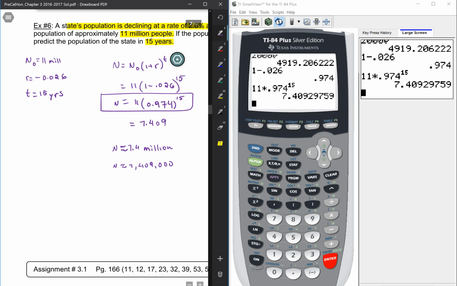It's still quite a bit of rounding, so it's an approximation, because if you look at the actual number, it's 7,409,298 people, right? And here you're just totally discounting those 298 people. So this is an approximation, and it's people.